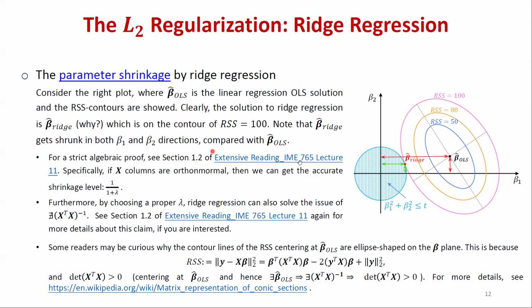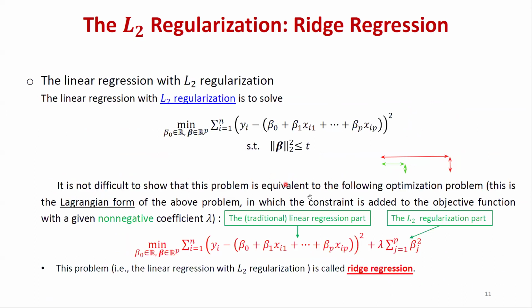So that's the point. And in the extensive reading here, if X columns are orthonormal, meaning the dot product of each pair of columns is 0, and the norm of each vector is equal to 1, then I can even get the accurate shrinkage level, which is 1 over 1 plus lambda, where lambda is the regularization parameter here.